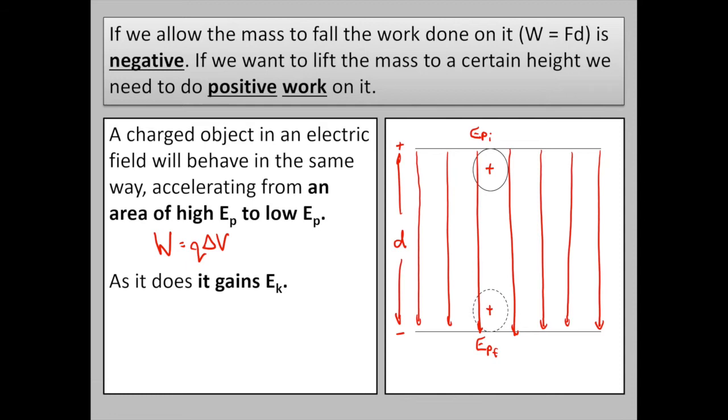But keep in mind that when we're dealing with energy and work, we have to determine the direction. Generally speaking, if the object is going to do what it wants to do, then the work being done on the object would be negative, because you'd have to release energy to cause this to happen. At the same time, if we were moving the positive charge from the negative plate to the positive plate, we would have to add energy to the system, because it wouldn't naturally want to do that.